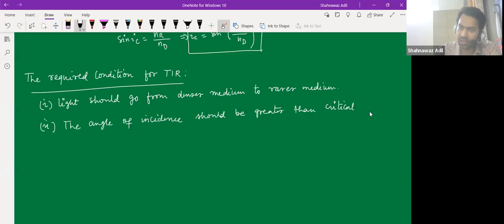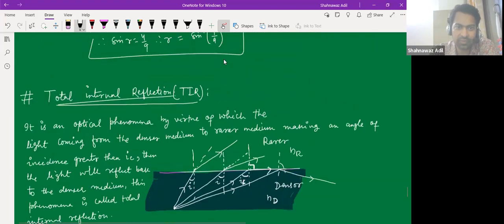And what is the critical angle? The angle at which the angle of refraction becomes 90. So this is the definition and required condition of TIR. Is this clear, everyone? Any doubt?